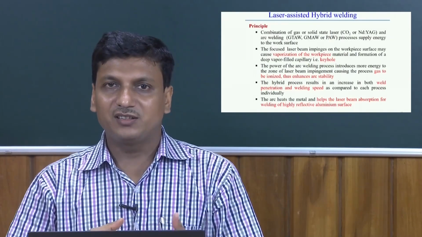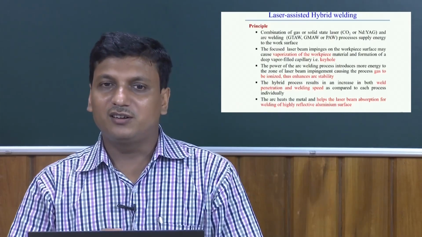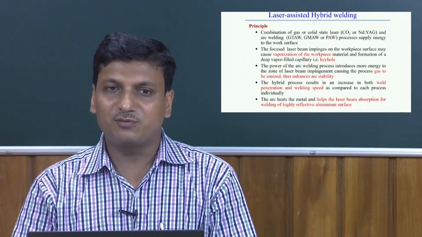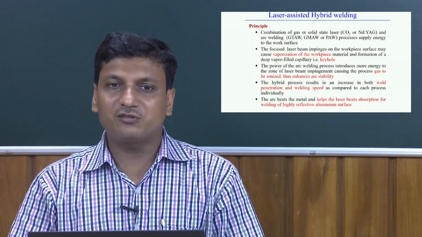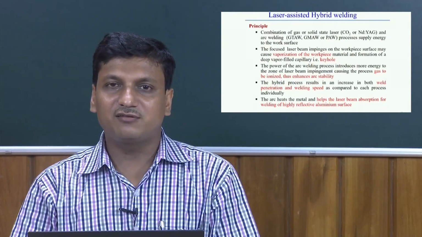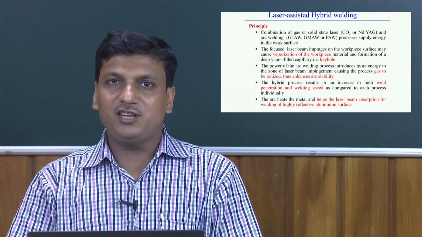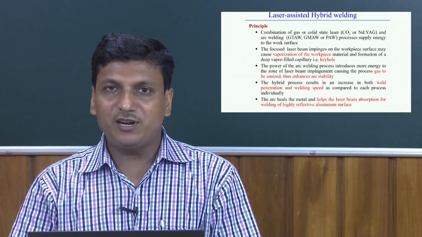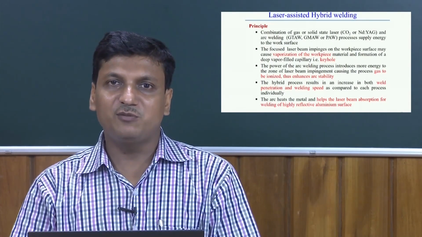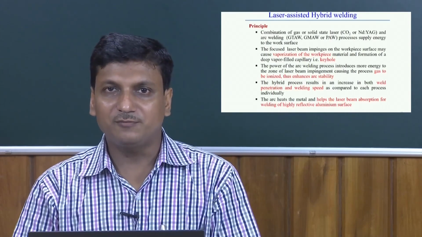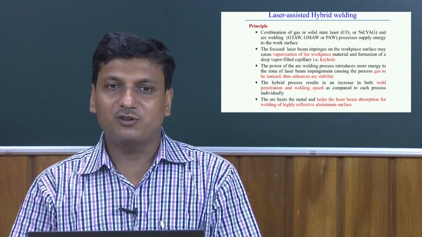So, the laser helps in the formation of the arc and its stability. But the arc also helps by increasing the laser beam absorption, specifically when we try to weld a highly reflective material. For highly reflective materials like aluminum, it is beneficial to use the laser assisted hybrid welding process.